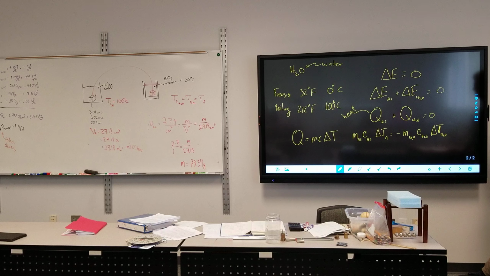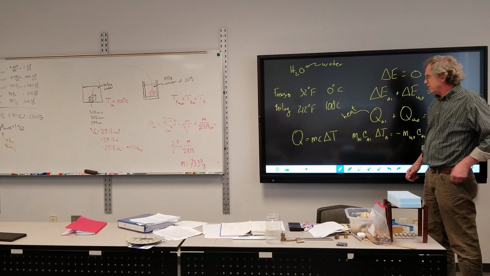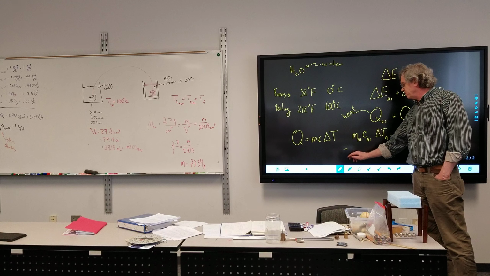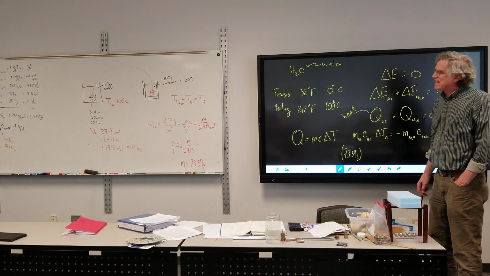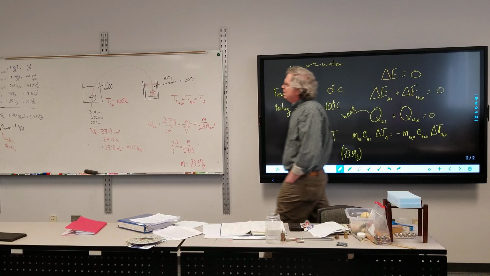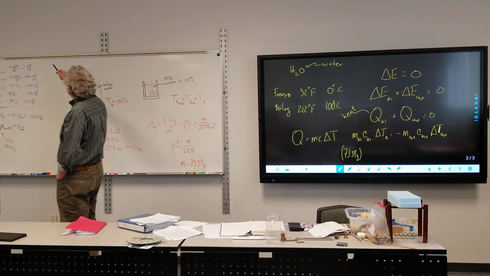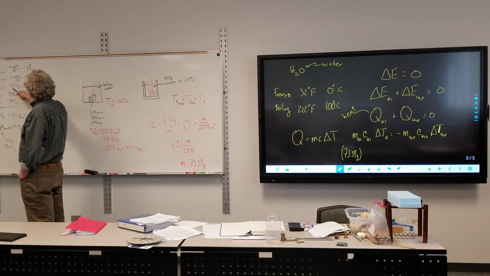Let's stick some numbers in. Mass of the aluminum, we figured that out already. That was 73.39 grams. Specific heat of aluminum. Oh, there we go.